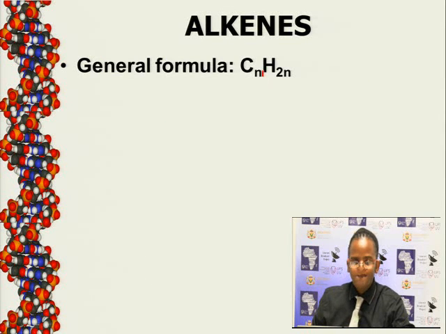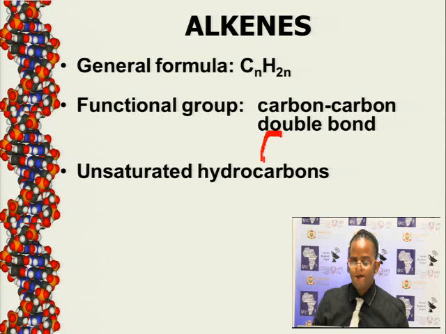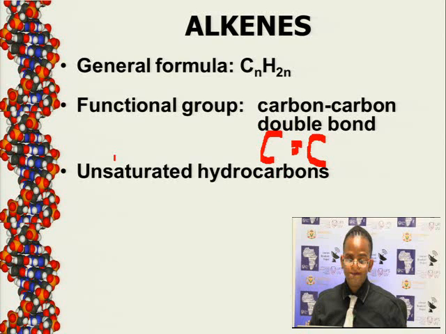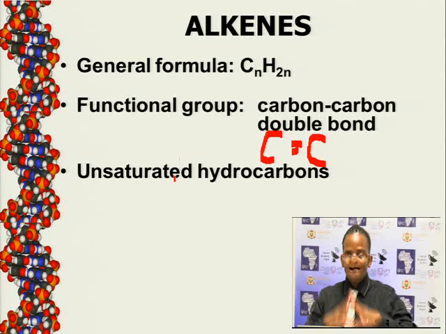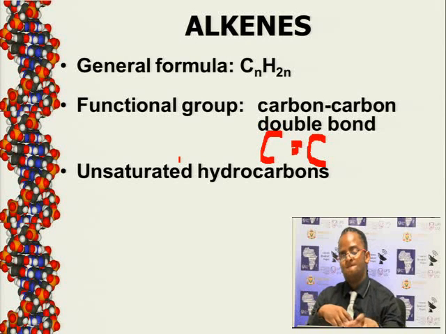The general formula is CnH2n, and the functional group is C double bond C. So you'll have a carbon with a double bond to another carbon. So this is unsaturated. And what do we mean by unsaturated? It means when we talk about chemical reactions, this compound will react more easily than the alkane.